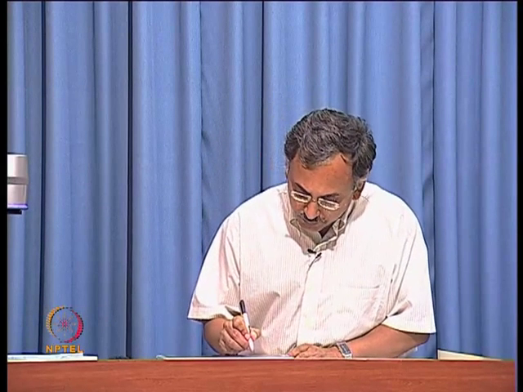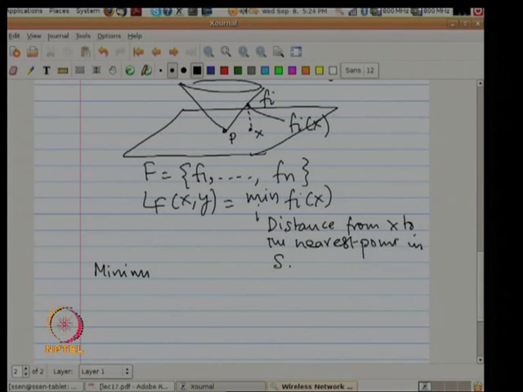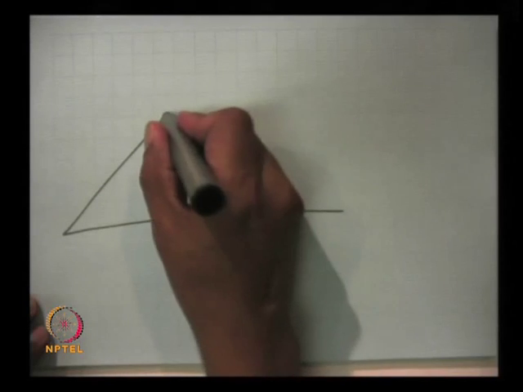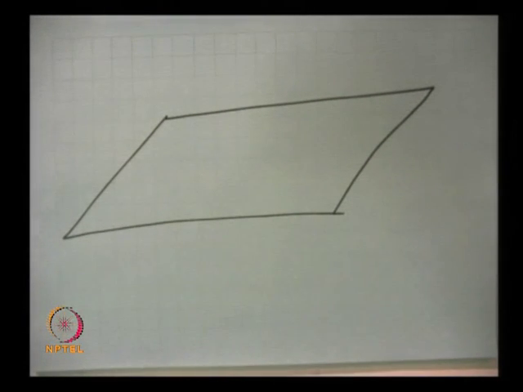Now, if I look at the minimization diagram of this set of functions. Here, in this figure, the minimization diagram I had shown was for a one-dimensional function, for univariate functions. If I want to do it for 2D functions, bivariate functions, I just put it here and it will work. Suppose this is your x-y plane, and you had a set of functions and you take the lower envelope.